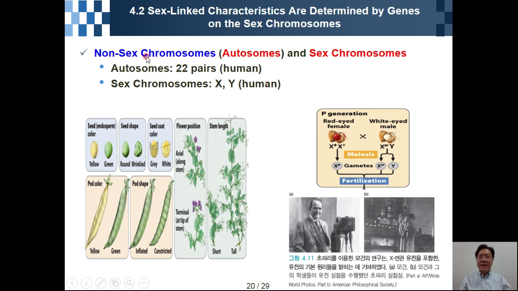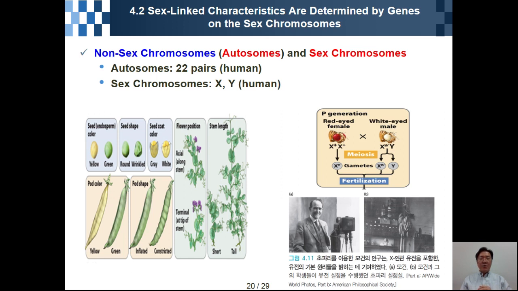What are non-sex chromosomes? In other words, we call them autosomes. Humans have 22 pairs of autosomes, from chromosome 1 to chromosome 22. And we also have the sex chromosomes. For example, men have XY, but women have XX.